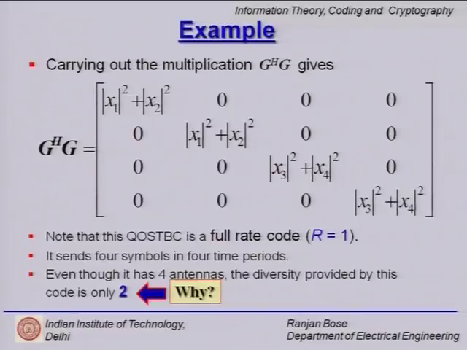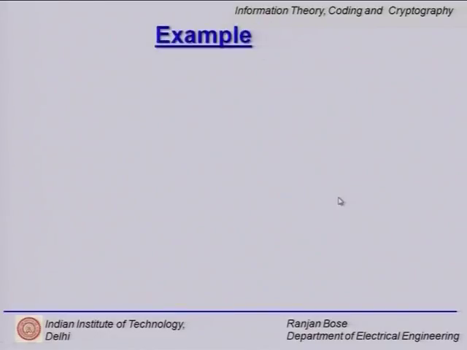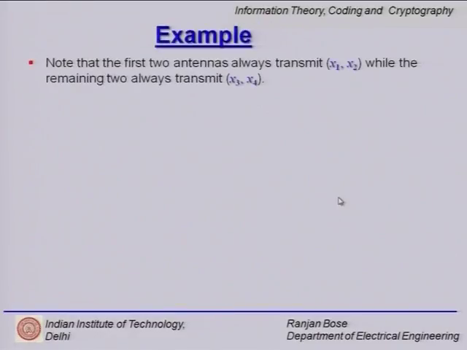Here, if you look at this carefully, you can see immediately that the diversity gain is 2 and not more. So what does it mean? Well, the first two antenna elements always transmit X1 and X2, while the remaining two are always transmitting X3 and X4 and some combination thereof, but that's it.